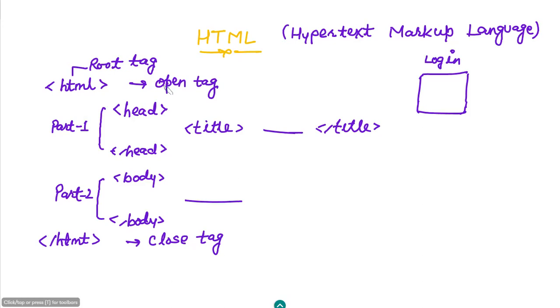We will see that in the practical session. So this is the basic HTML structure, which you have to write before making any program in HTML. So you have to follow this structure.